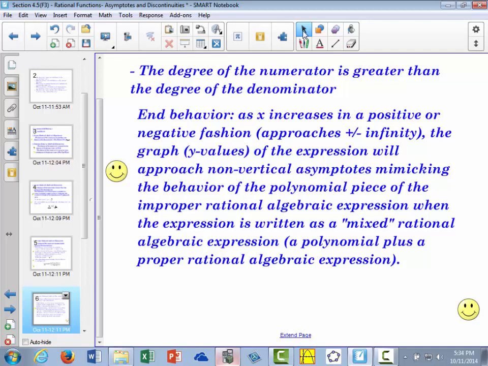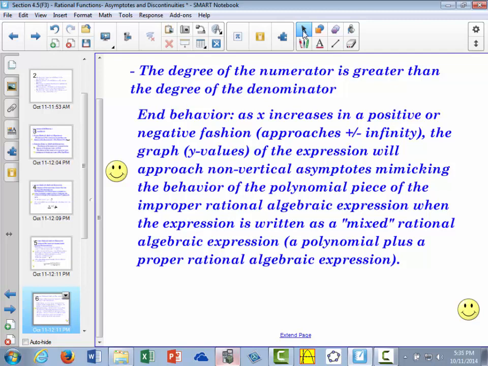So in this case, it will be mimicking the behavior of the polynomial piece of the improper rational algebraic expression when we rewrite it as a mixed rational algebraic expression, or a polynomial plus a proper rational algebraic expression.